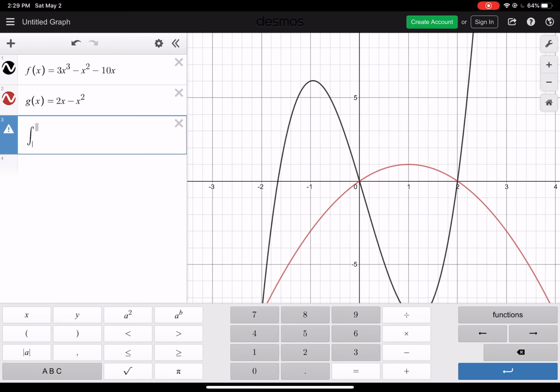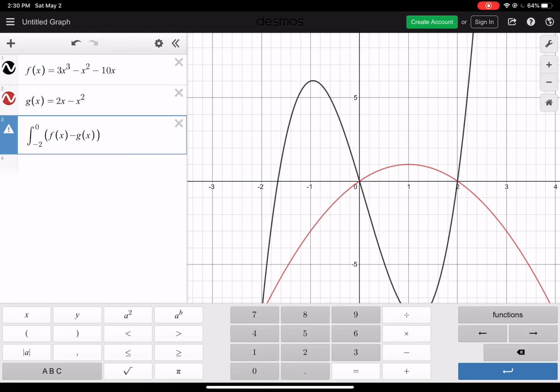We're going to go from -2 to 0, and then in parentheses, you don't need to retype the equation if you've already given it a name. Because I've already called my equations f and g, I'm just going to type them in. So the first one is going to be f of x minus g of x.